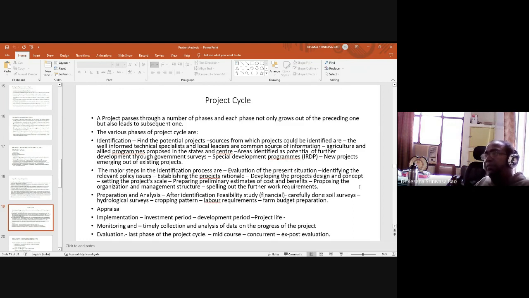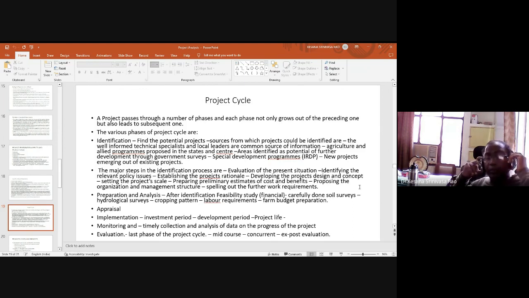At that time you can rectify whether the cost is growing up or very much less spent, or whether the benefits are in a position to come or not. So that appraisal will give that type of good results. Based on that you can modify, as expected in the beginning. If you are getting your appraisal in a proper manner, then there will be no problem. If it is not like that, then you have to take corrective action.